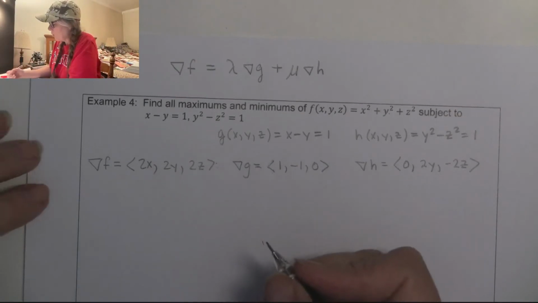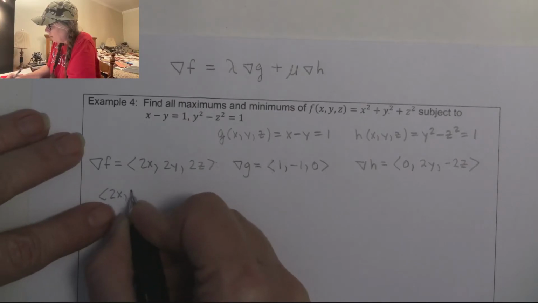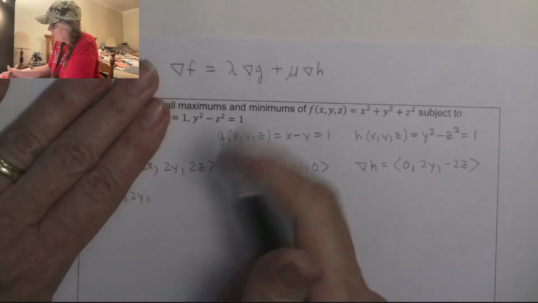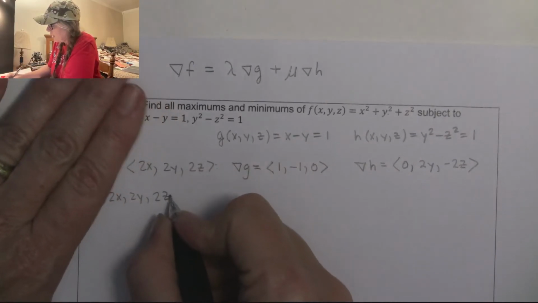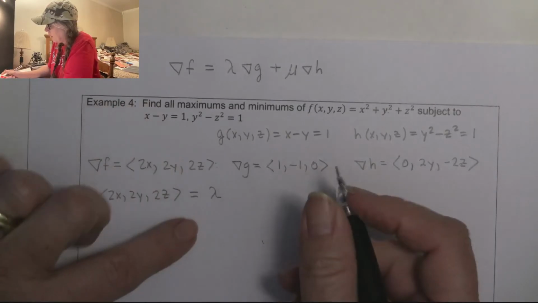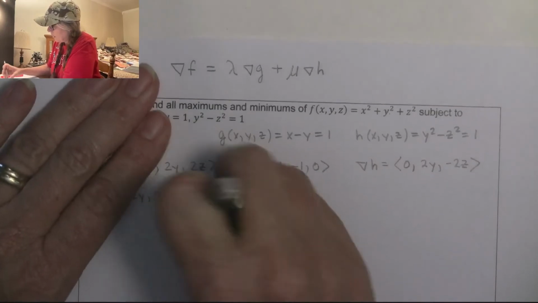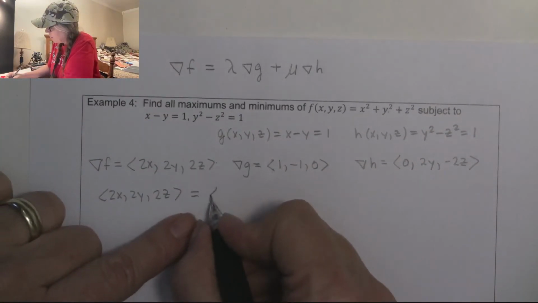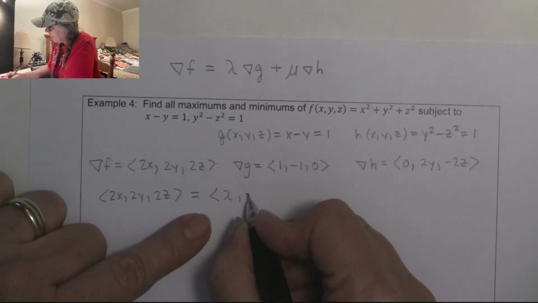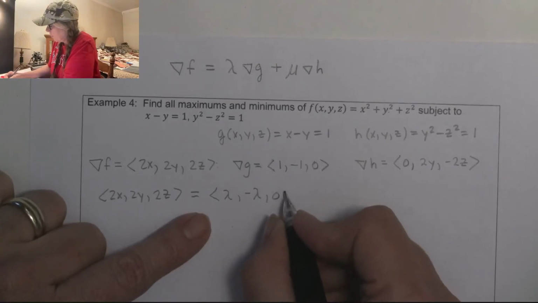I think I better show my work there, because I want you guys to show your work. If I don't know what you're trying to do, I don't give you partial credit. So if I mess it up, I want you guys to give me partial credit. I'm going to multiply lambda through here, and so that is going to be lambda, negative lambda, and 0 times lambda is 0.